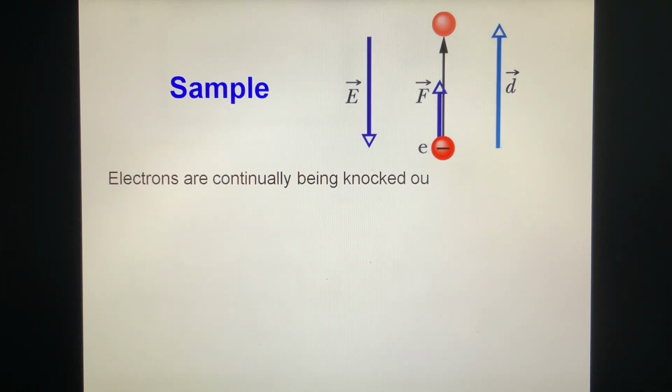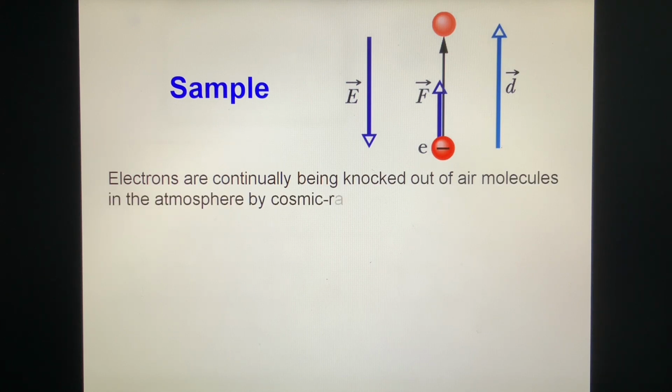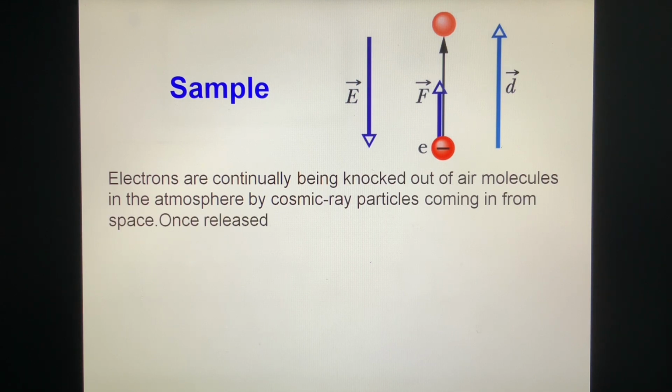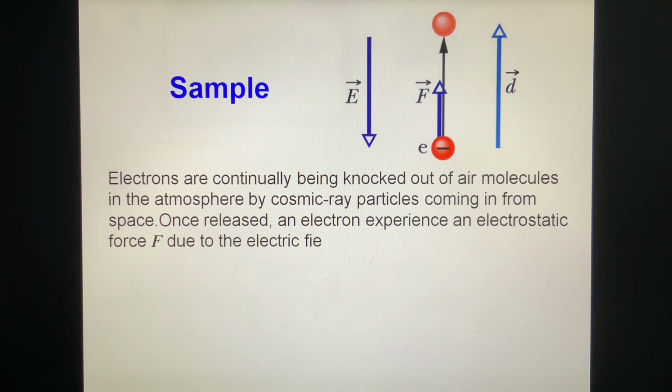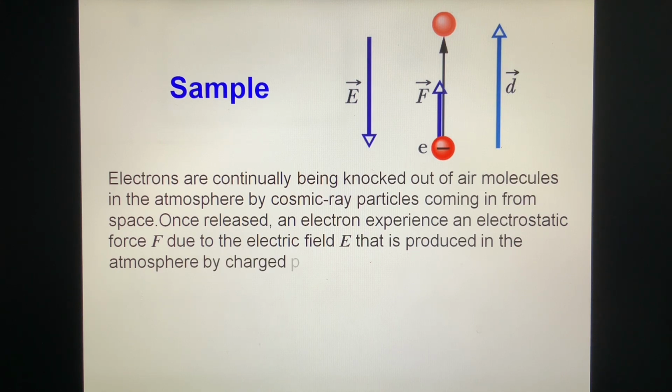Electrons are continuously being knocked out of air molecules in the atmosphere by cosmic ray particles coming in from space. Once released, an electron experiences an electrostatic force F due to the electric field E that is produced in the atmosphere by charged particles already on Earth.